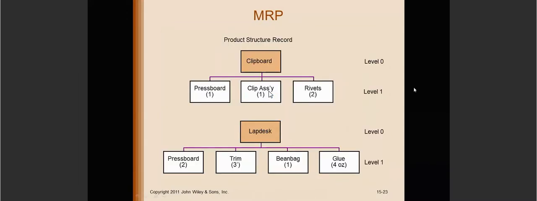So we need to understand the relationship between item and component for the finished products, clipboard and lab desk. Here we have a product structure tree. For the clipboard, we need 1 unit of press board, 1 unit of clip assembly, and 2 units of rivets.